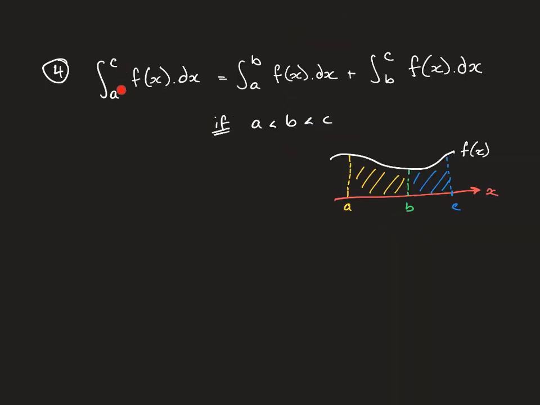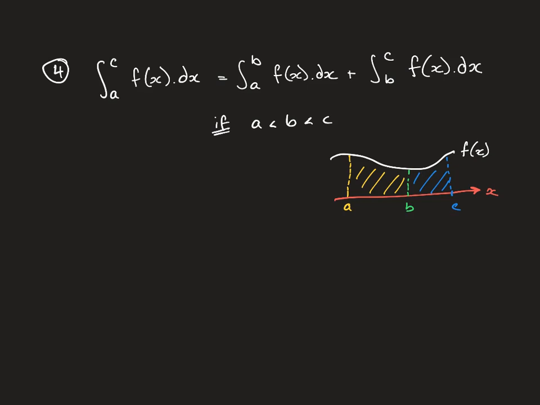The final property of definite integrals that you will need to use in 11E relies on understanding that you can use the definite integral from a to c to represent the area under the curve from a to c.